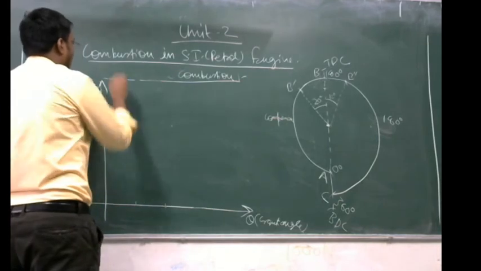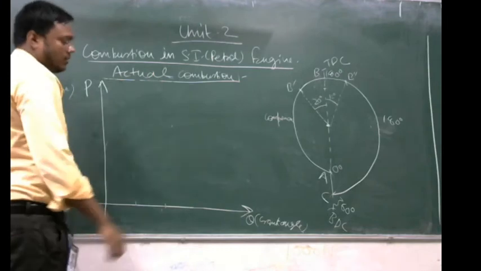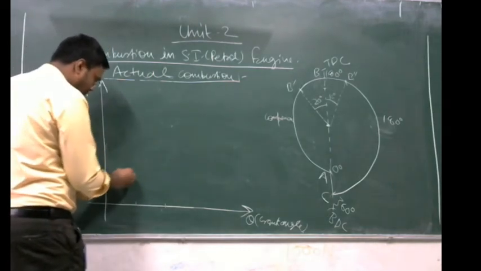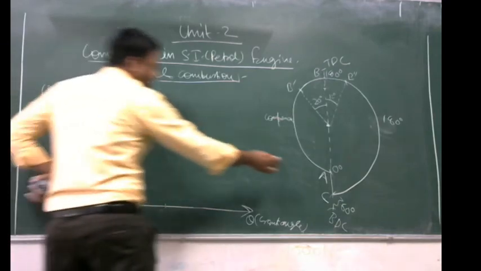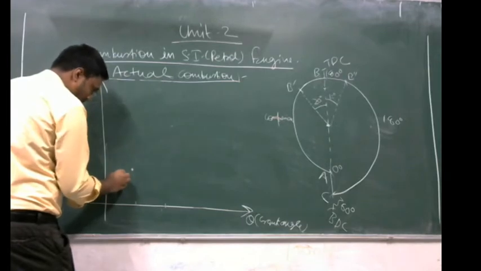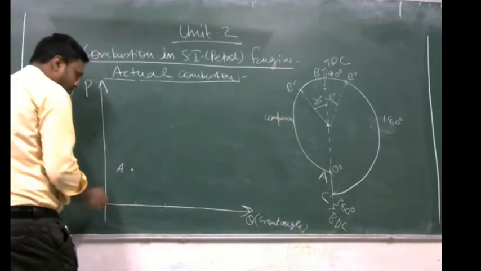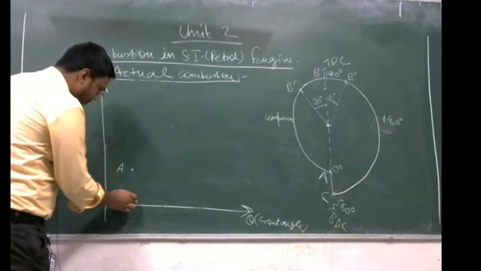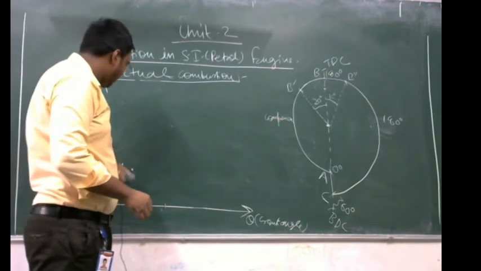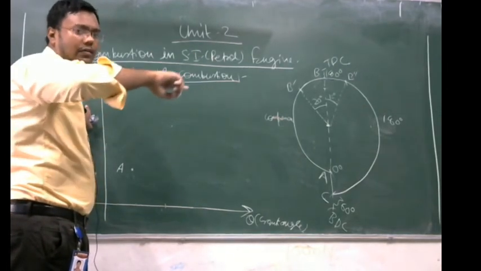Now, when we talk about the actual combustion process in an SI engine, we will start from zero, from point A. Let us assume this is point A. The first thing is the rise in pressure, and the rise in pressure is not a straight line and not very rapid.